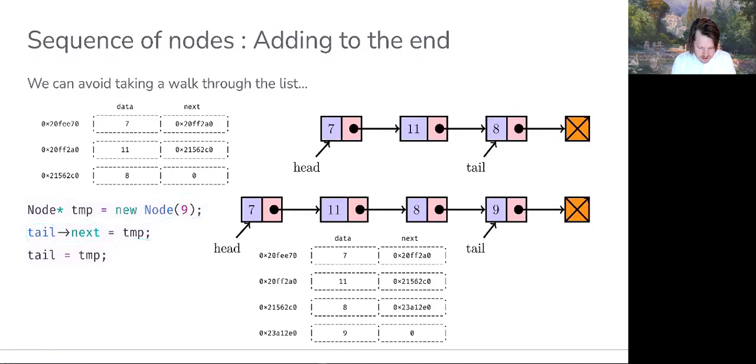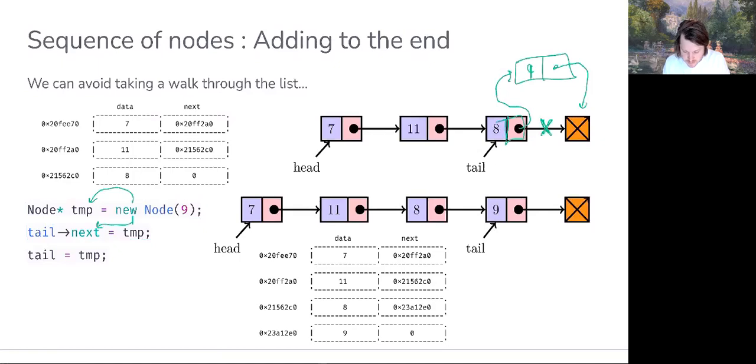So again, let me just draw this out. We stored that address in temp, and now we're essentially putting that address into tail's next. So if we had that node out there, when we assign it the address, we can see that the last node in the sequence, the current tail, is now going to point to 9, whose next pointer is pointing to the null pointer.